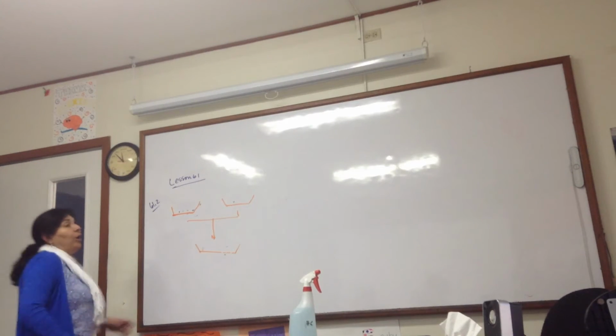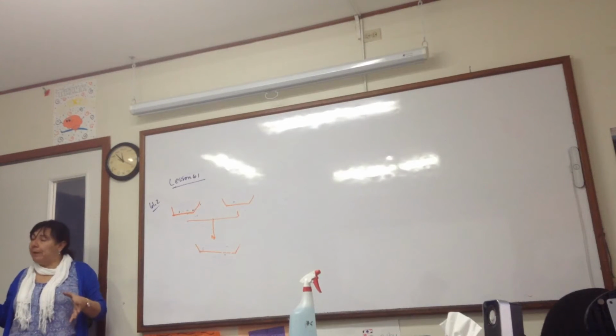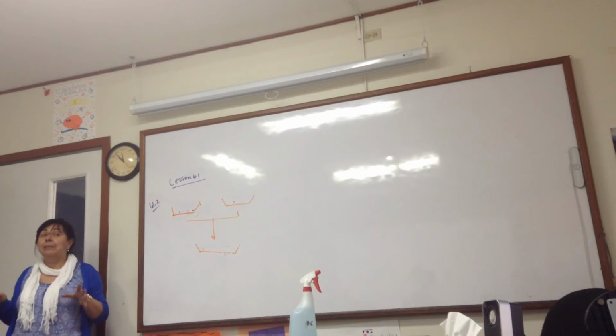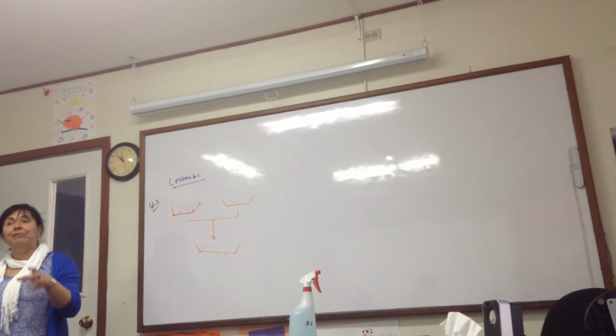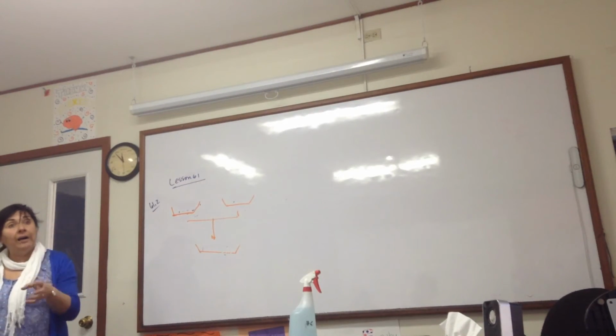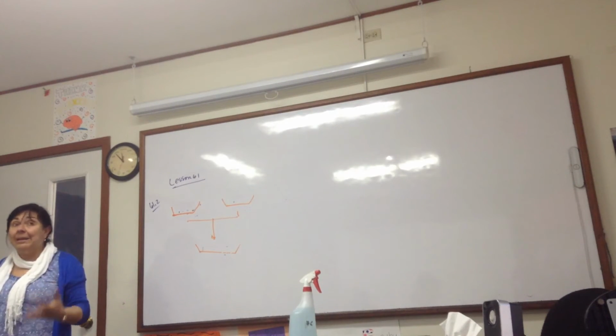So are we going to do it with water or with butterfat? With butterfat, because they're telling you they're going to add butterfat. If you're going to add butterfat, what percentage butterfat are you adding? 100%. If you're adding butterfat, you're only adding butterfat.